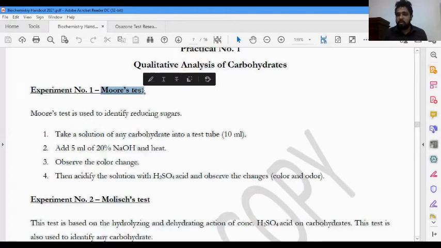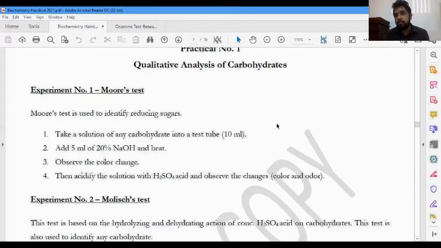Every sugar can be caramelized. What is meant by caramelization? Every sugar has its own temperature to be caramelized.